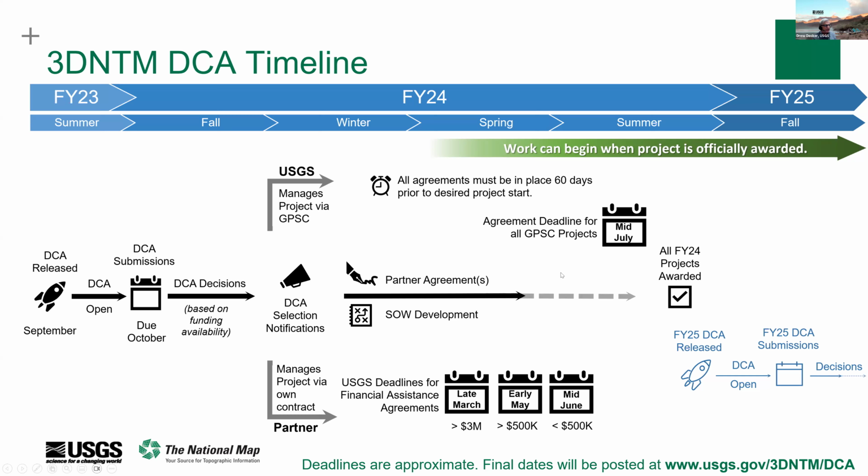There are different deadlines for getting these things put together. The most important thing, early at least, is getting funding solidified through an agreement, whether it's from USGS or from the partner, and getting the projects awarded after we have the agreements signed.